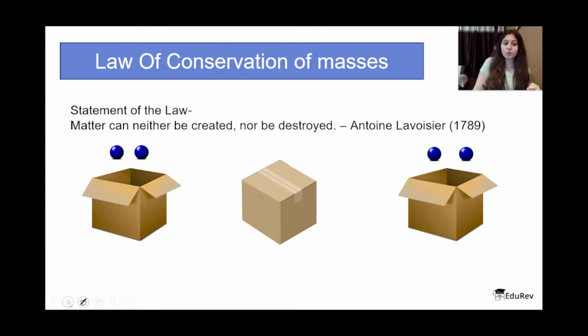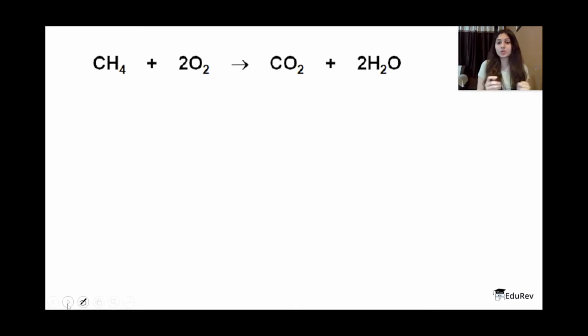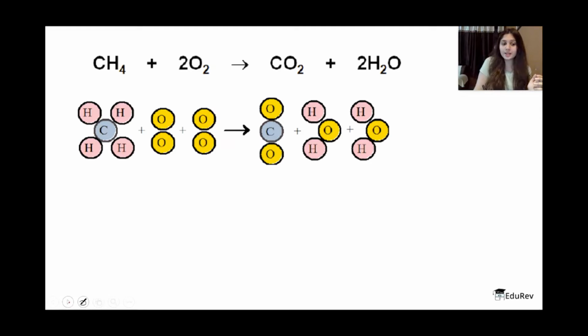In the reaction which you see on your screen, a very simple reaction, on the right hand side you see 4 oxygen atoms, 1 2 3 4. After the reaction, you would expect 4 oxygen atoms to be present, which is right.